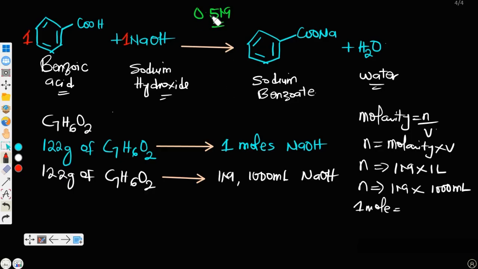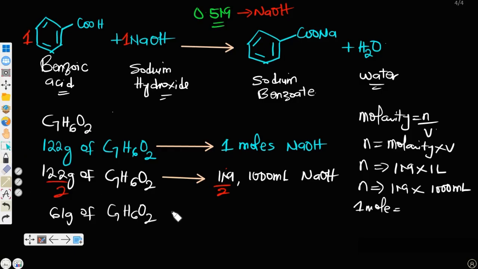But since it was given as 0.5 molar sodium hydroxide, that was the concentration of sodium hydroxide that reacted, you convert this to that by dividing by 2. If you divide here by 2, you also divide here by 2. This will give us 61 gram of C7H6O2 to give us 0.5 molar, 1000 ml of sodium hydroxide.